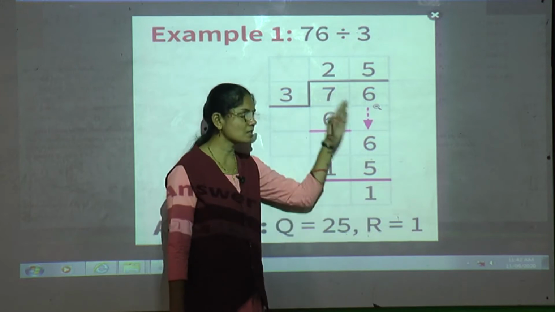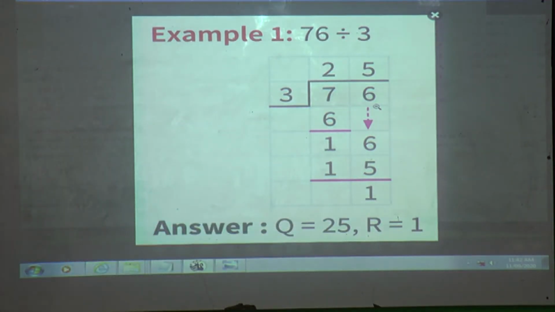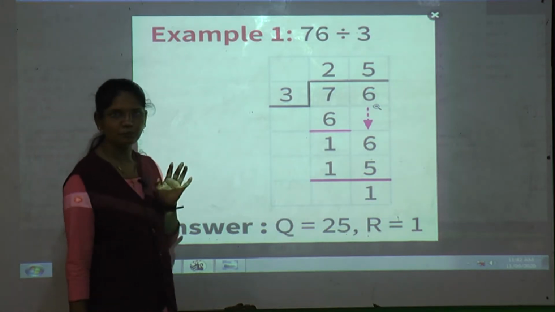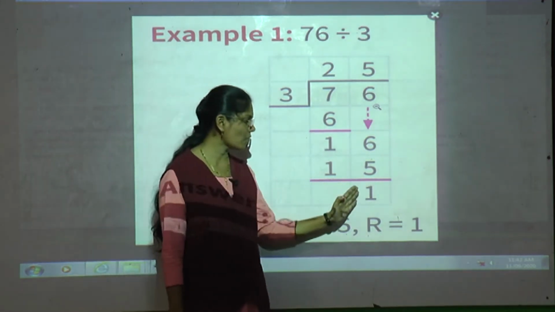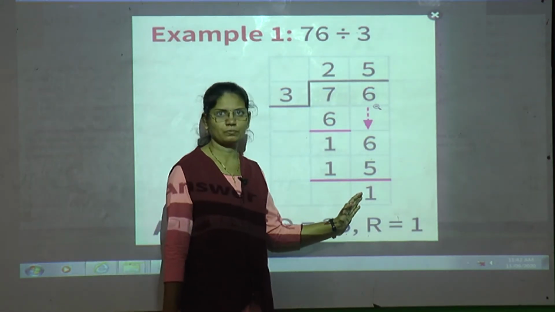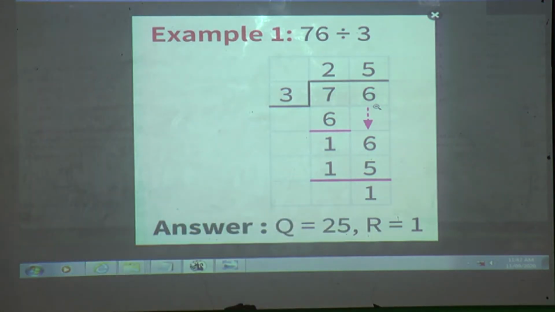So here see students, in this example the remainder is 1. So this is called division with remainder. With remainder means the remainder should be other than 0.